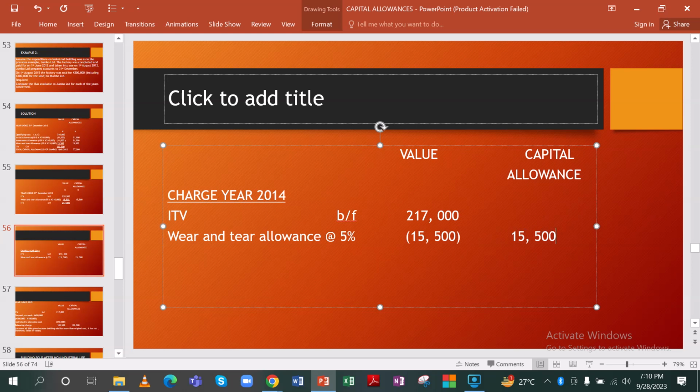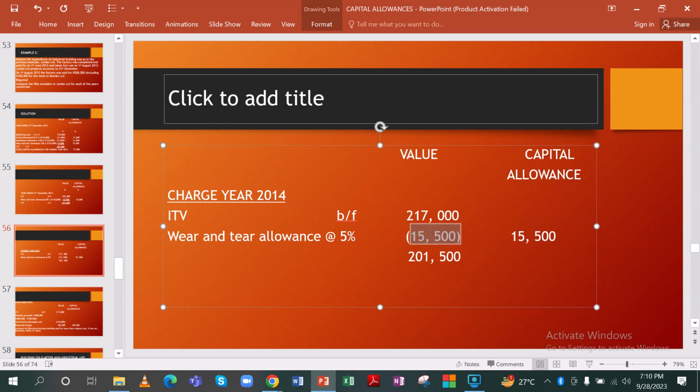So it leaves us with a figure of 201,500.